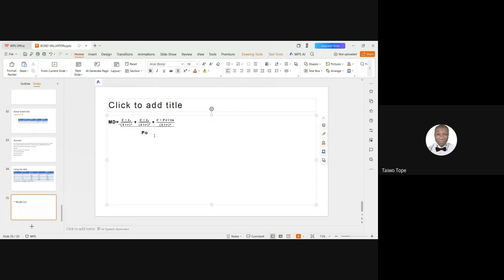So let's define: your MD is the Macaulay duration that you want to ascertain. Your C is your coupon, otherwise known as your interest payments in each year.